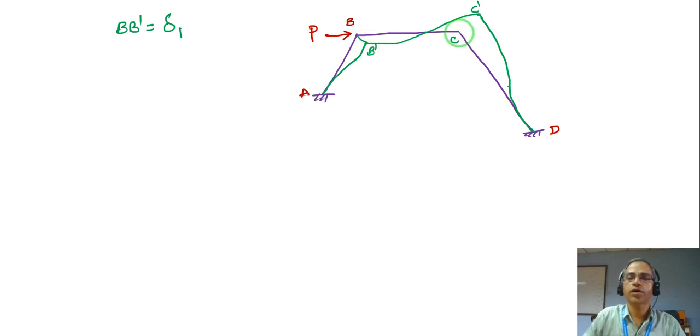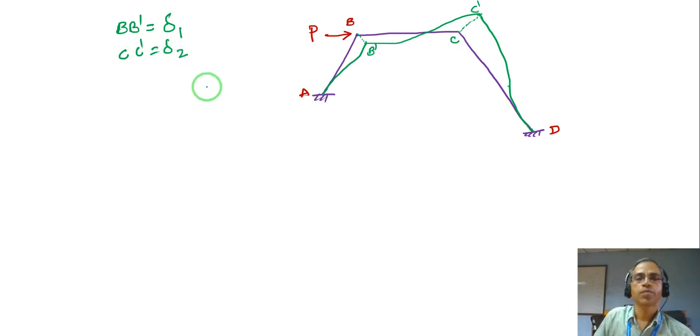If I draw a dotted line connecting C and C dash, and connecting B and B dash, the displacement in CD is, as I told you, perpendicular to the member. So this will be the displacement. That means CC dash is your delta 2.